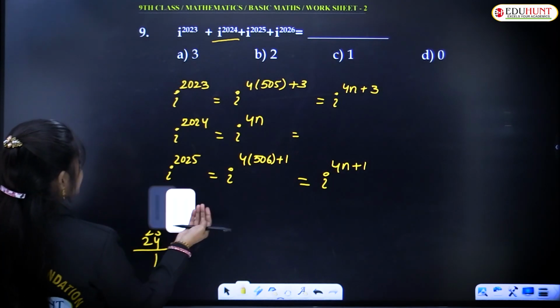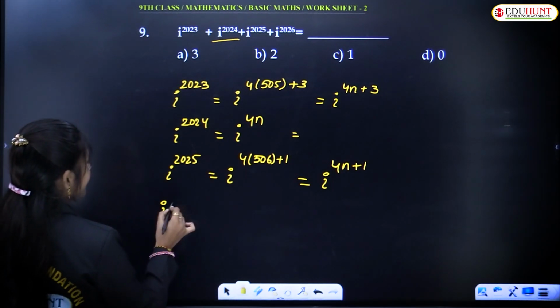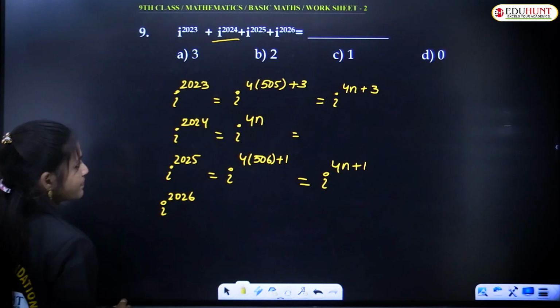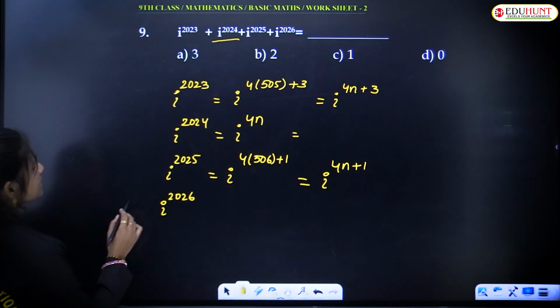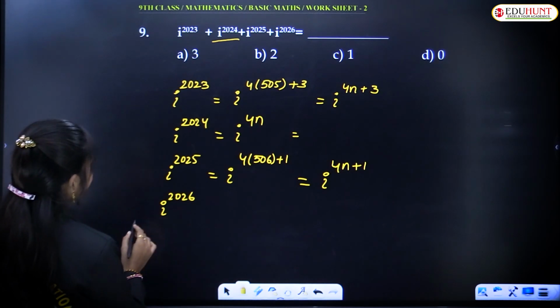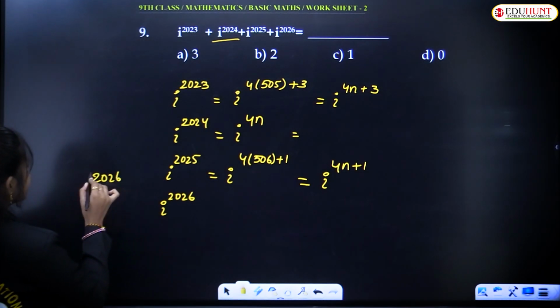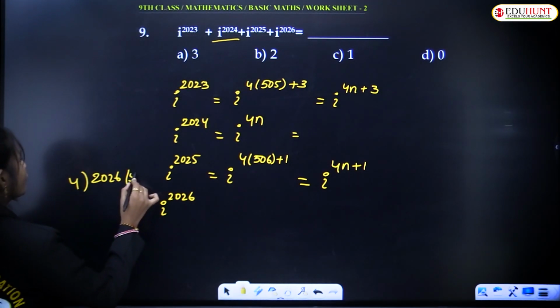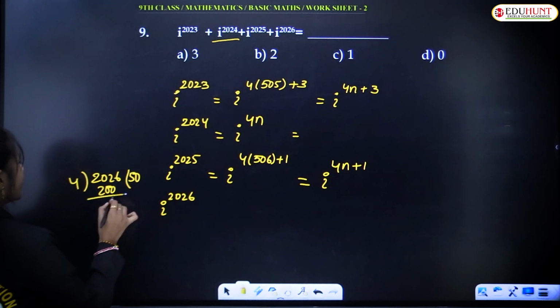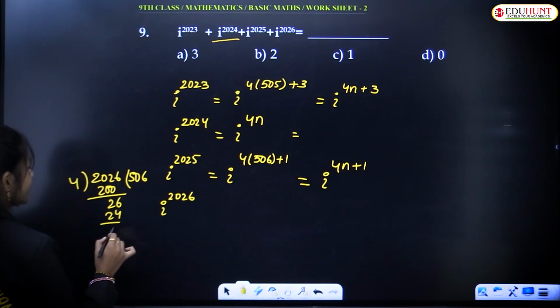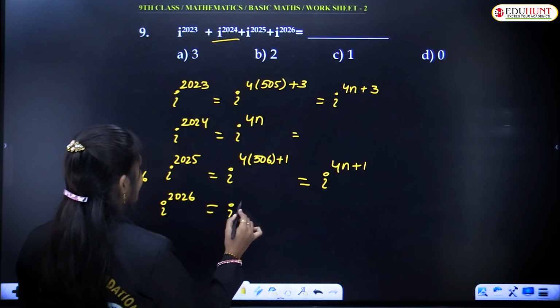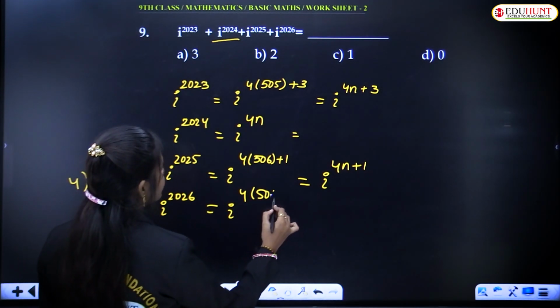Okay, next and finally i power 2026. So 2026 divided by 4. 4 50s are 200, 26. 4 6s are 24. So the leftover is 2. So i power 4 into 506 plus 2.